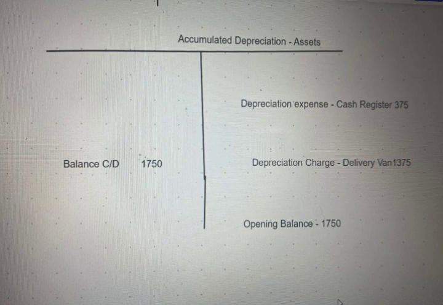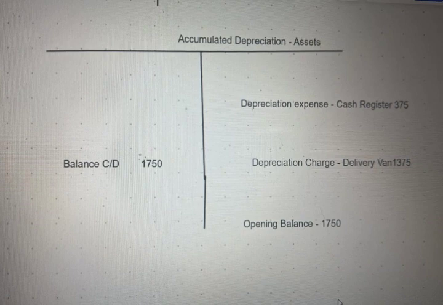This is the depreciation expense you have charged on the cash register, with the amount of 375, if you remember. And then we also have charged depreciation expense on your second asset, which was your motor van, the delivery one, and that was 1,375.